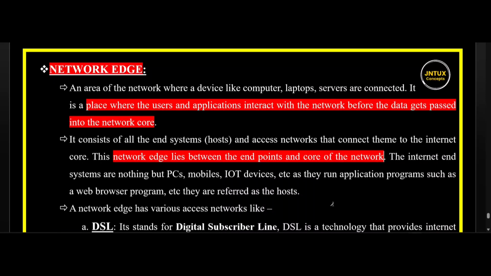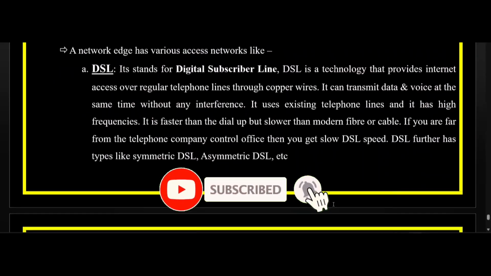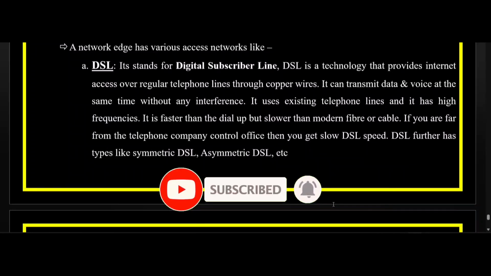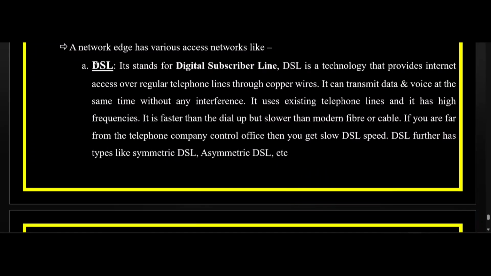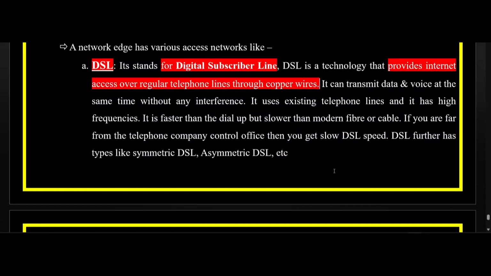The internet end systems are nothing but PCs, mobiles, IoT devices, etc. As they run application programs such as a web browser program, they are referred to as hosts. A network edge has various access networks like DSL. DSL stands for Digital Subscriber Line. It is a technology that provides internet access over regular telephone lines through copper wires. It can transmit data and voice at the same time without any interference.